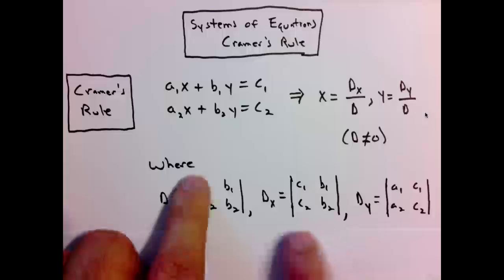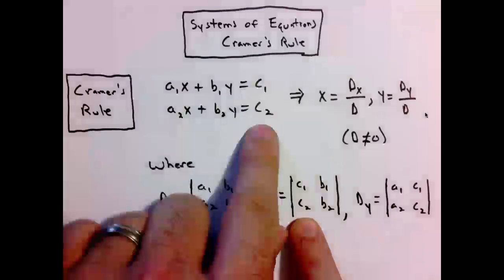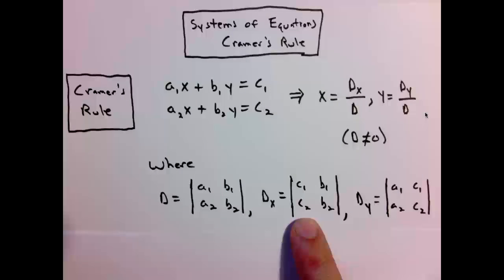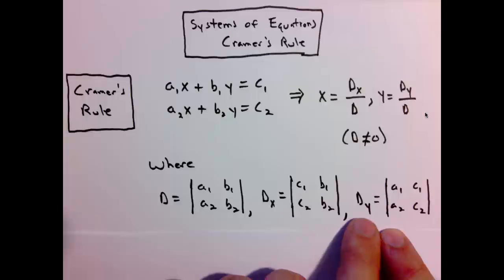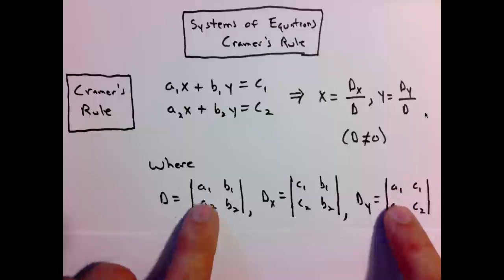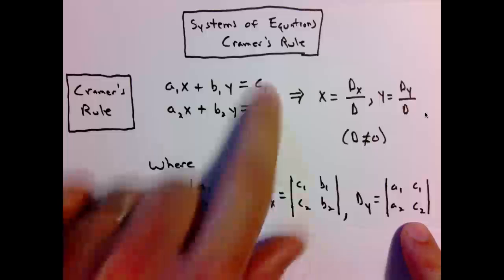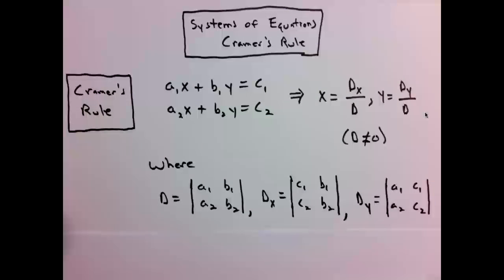But here, since we're solving for x, we have replaced the x coefficients with the constants. Likewise, for d sub y, this time the x coefficient stayed the same, but we have replaced the y coefficients with the constants. Perhaps it looks a little confusing, but you'll see when we do an example that it's not too bad at all.